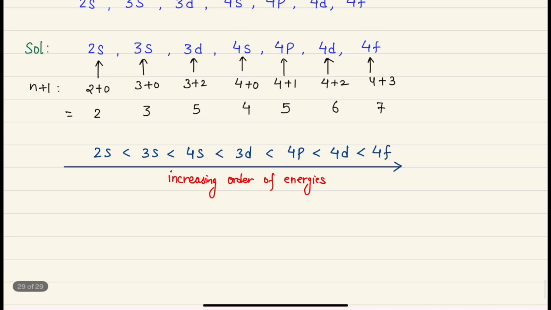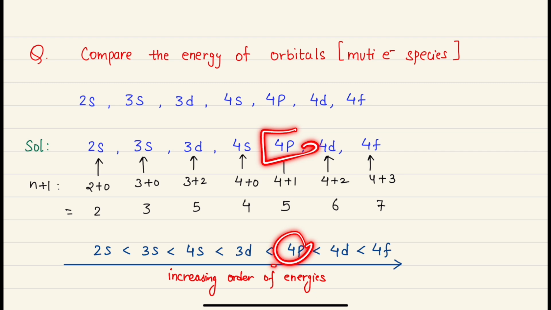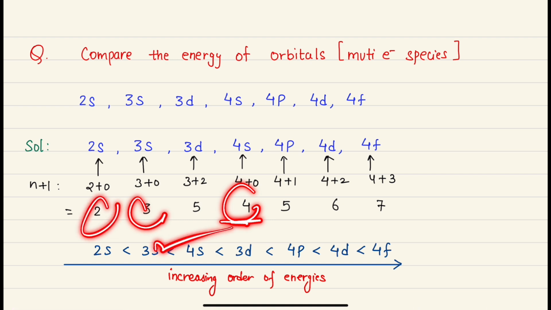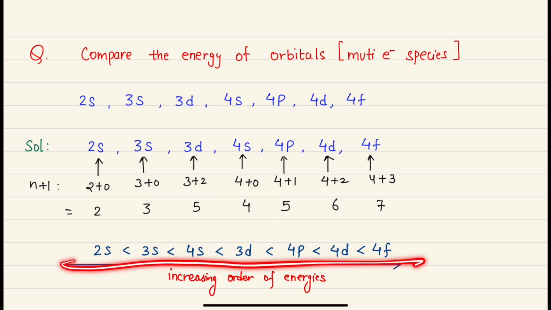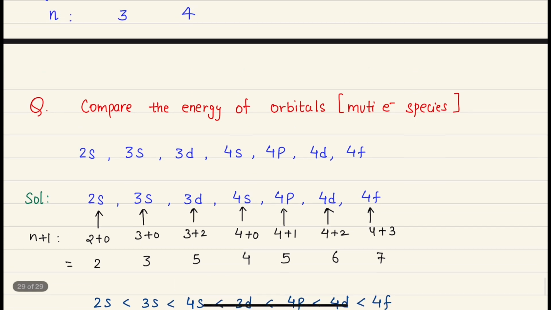So in this case for 3d and 4p, 4 is more than 3. That's why 4p has more energy. And then you have 3d, and then 4s, and then 3s, and in the last you have 2s. And this is the increasing order of energies of these orbitals for multi-electron species, right?